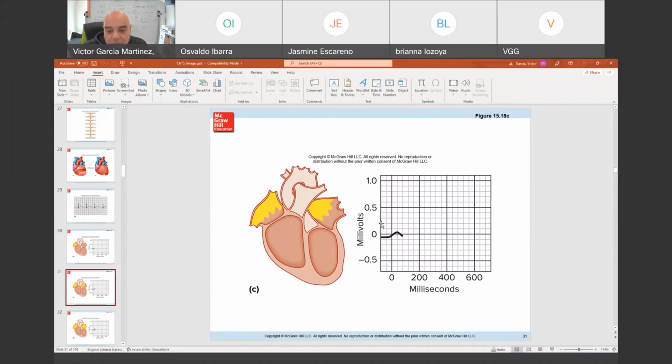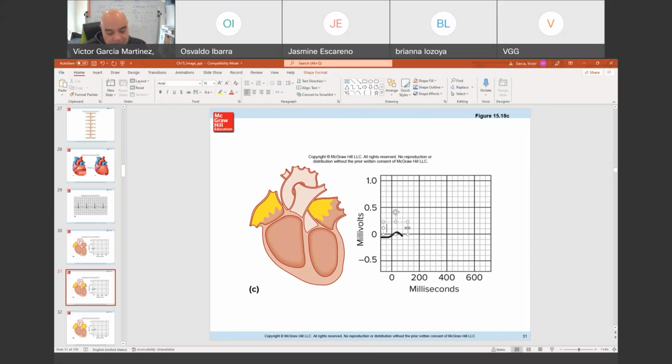If you remember, P wave is going to be the depolarization at the beginning, because we have the SA node, the natural pacemaker of the heart. P wave is this one.